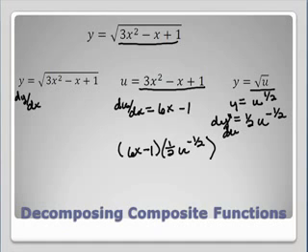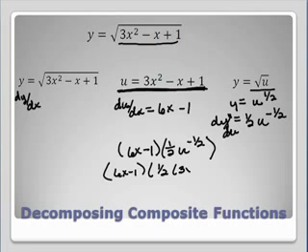So that means we cannot have a u in the expression, so we have to take out the u and replace it with what we originally set it equal to. So most everything is going to look the same, so our u then is 3x squared minus x plus 1 to the negative half.